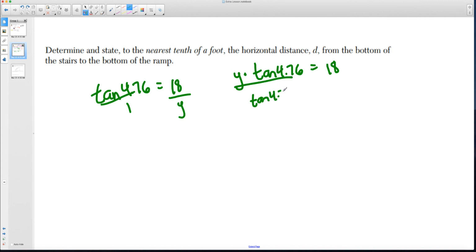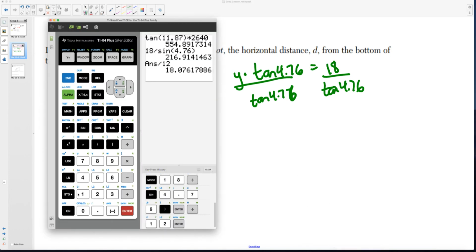Divide both sides by tan of 4.76. Go over to the calculator. 18 divided by tan of 4.76. Okay, so that whole thing is 216.